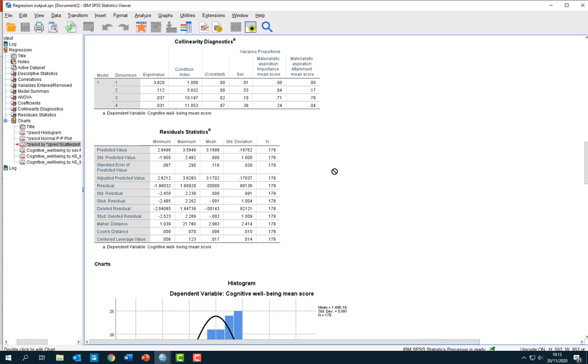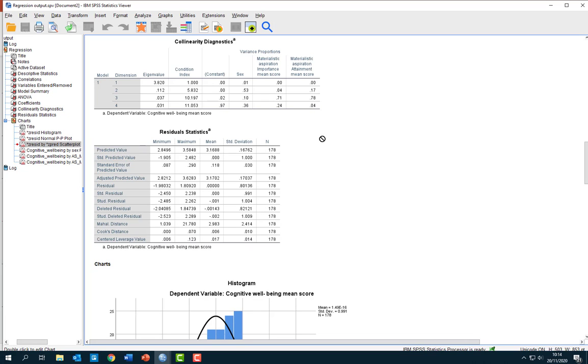Because we don't know about independence, what I might do is mean center the variables and rerun the analysis anyway to see if that improves any of the issues, because that can be quite a good way of guarding against a lack of independence. If we really don't know the order in which the data was collected, that could be another way of making the analysis more robust.